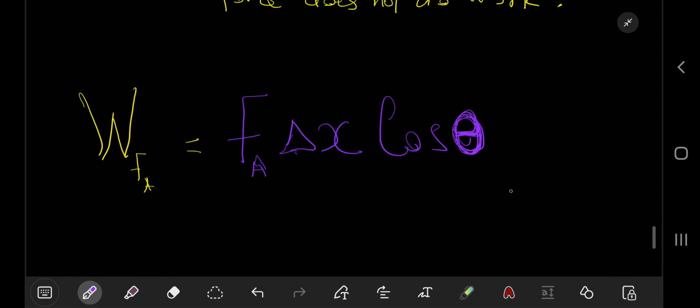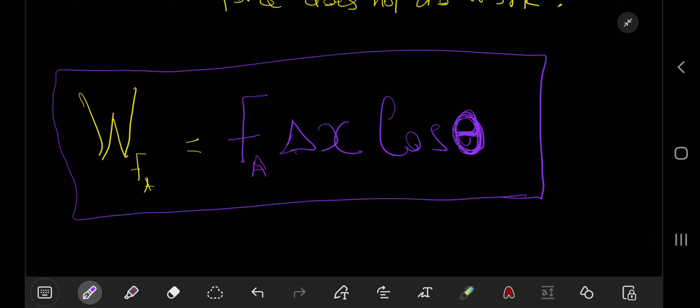So this is how we calculate the work done by a force, in this case the applied force. That would be the applied force multiplied by the displacement of the object, and then multiplied by cos of the angle between your applied force and the displacement.